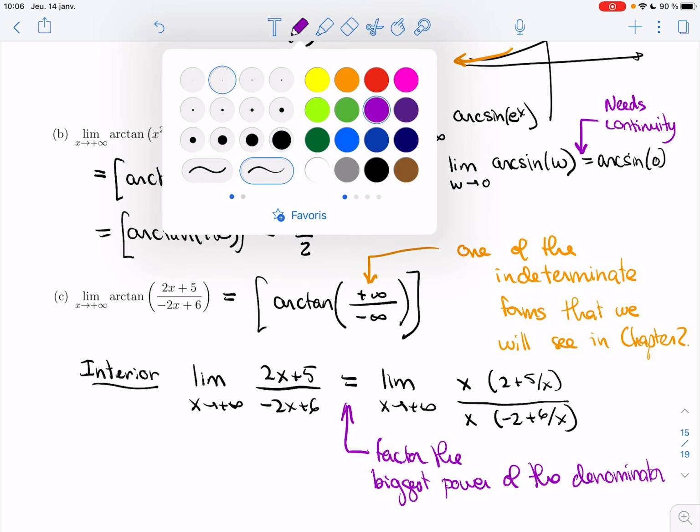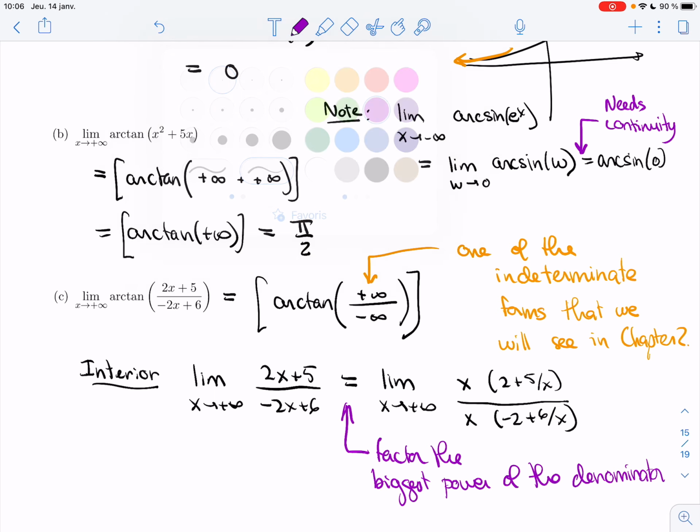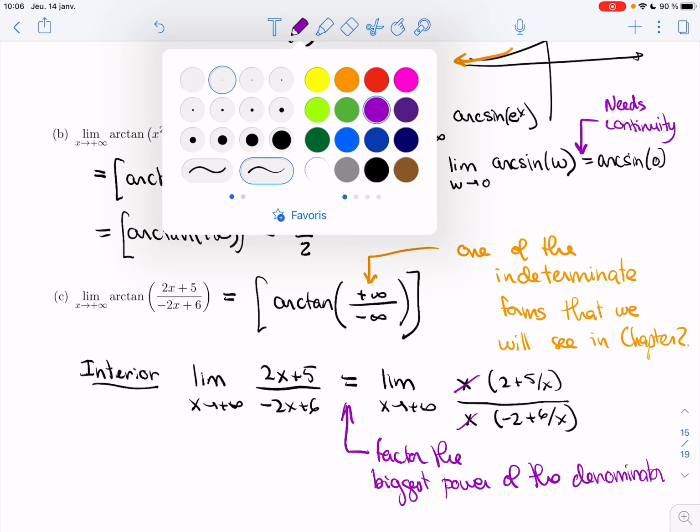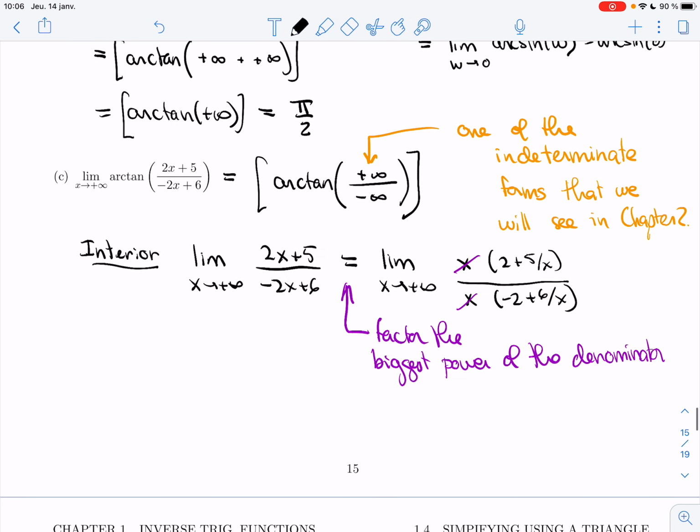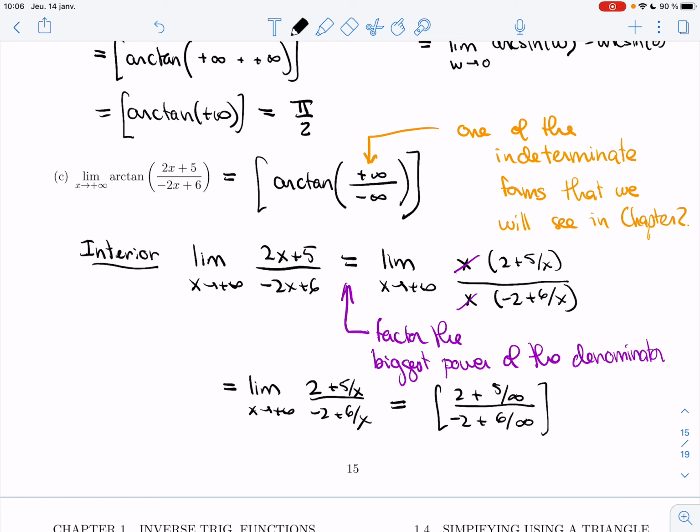All right, and then these powers are going to cancel, so I'm going to cancel this x with that one. And once I've gotten rid of the x, which is what gave me infinity, I'm going to get the limit as x goes to positive infinity of 2 plus 5 over x over minus 2 plus 6 over x. When I plug it in, I get 2 plus 5 over infinity, that's 0, and then minus 2 plus 6 over infinity, that's 0 as well, so I get 2 over minus 2, which is minus 1. All right, not done.